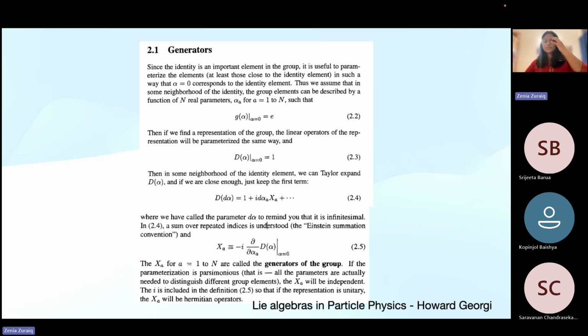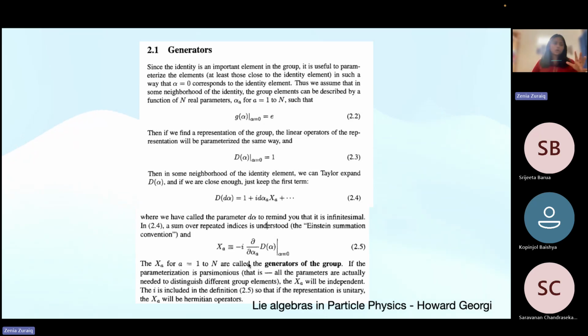You can see why: if I give you X alpha, just by doing this summation you can construct the group. If the parameters are independent, then the X a are independent, and the i is included so that if the representation is unitary, X a will be a Hermitian operator. That's some mathematics.